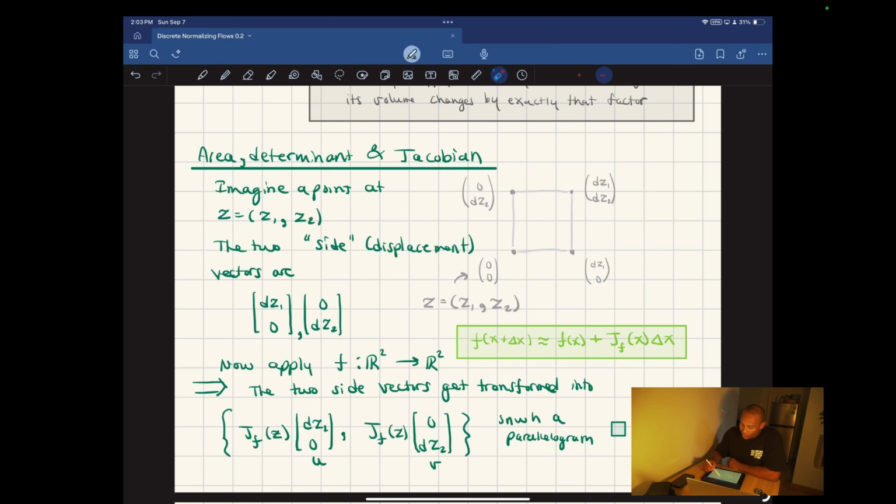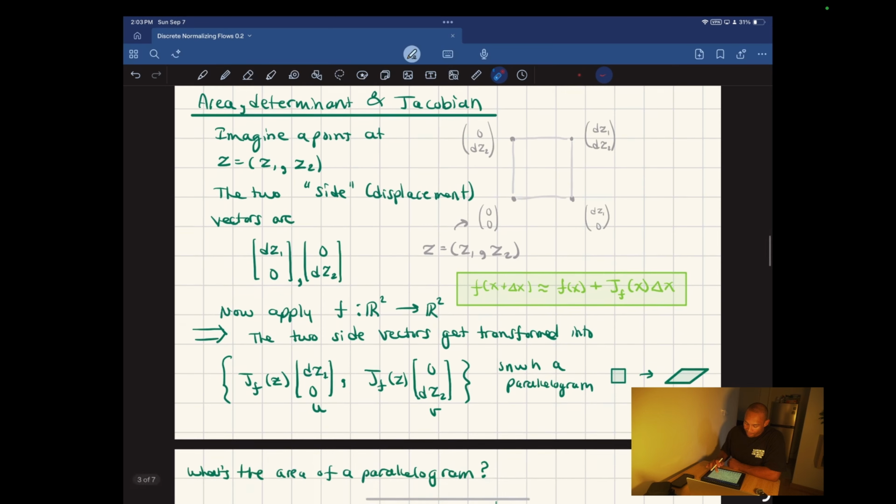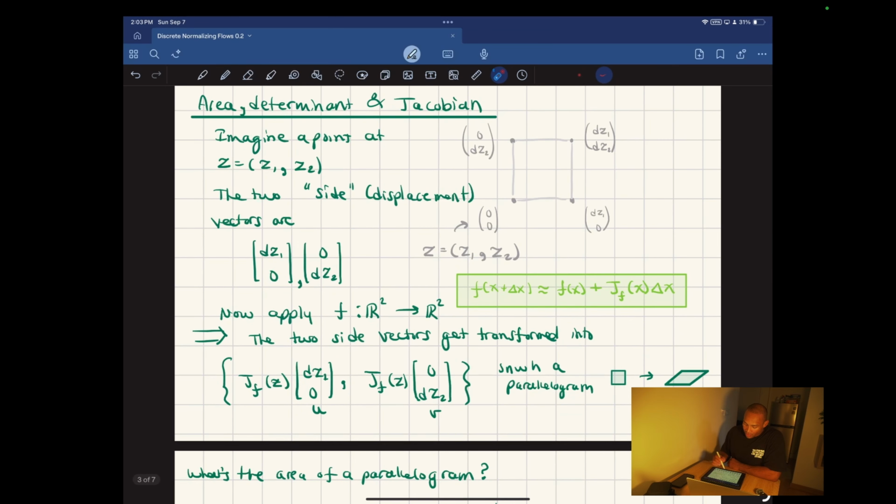We can describe this square by two displacement vectors, dz1 and dz2, which are just two small deltas from the original point, 0, 0, okay?